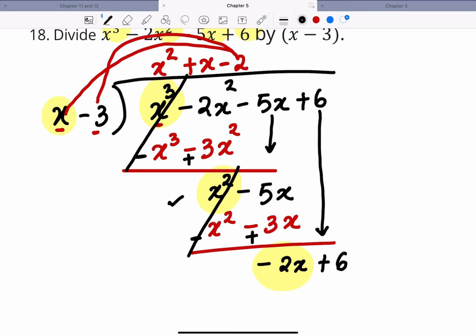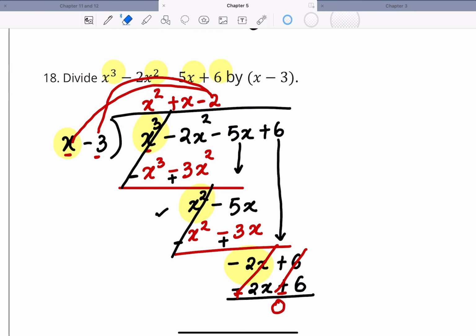That gives me negative 2 times x is negative 2x. Negative 2 times negative 3 is positive 6. And when I subtract, what do I do? I change signs. This becomes a positive, this becomes a negative. Boom, boom, cancel, and I have a big fat 0.